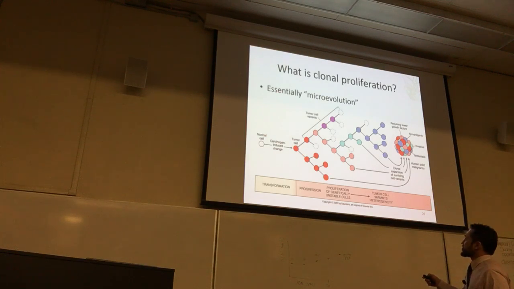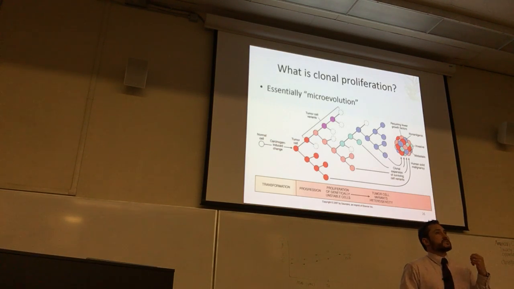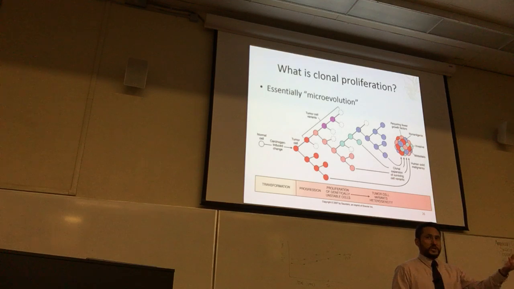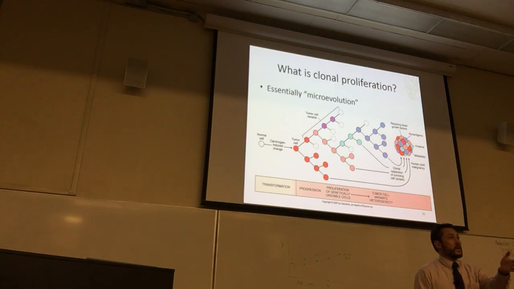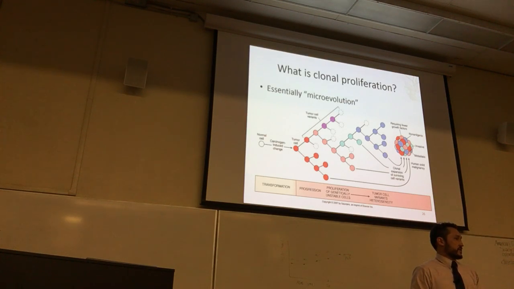Here's our little normal cell, and then there's a transformation. There's a carcinogen-induced change. There's some mutation that stimulates alteration of the genes and causes nicks in the DNA. It causes something to happen where replication is out of control. Some transformation takes place and changes its phenotype.